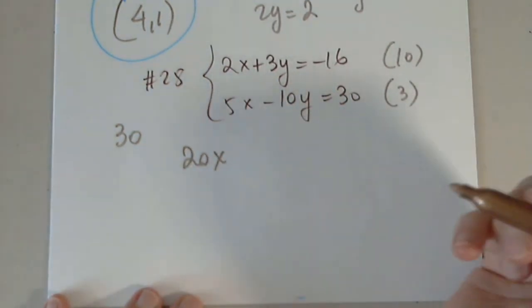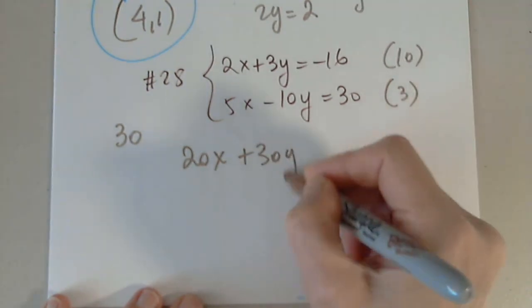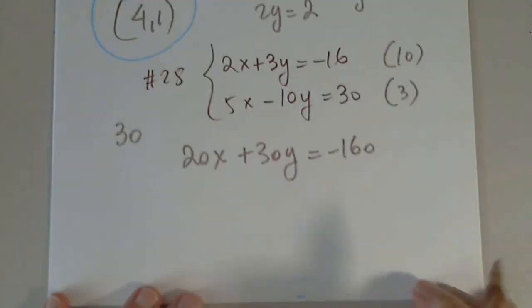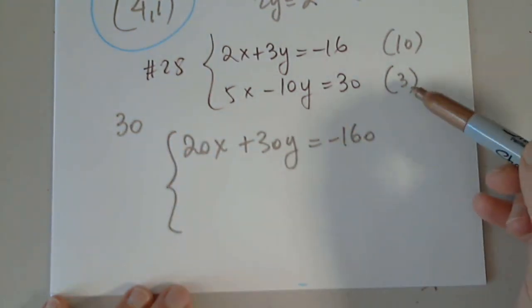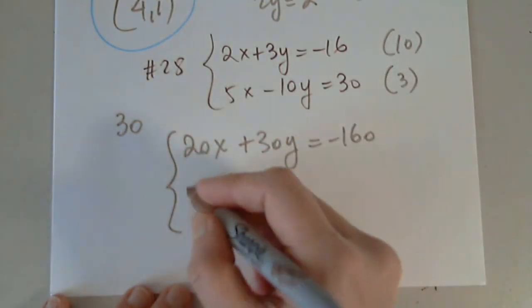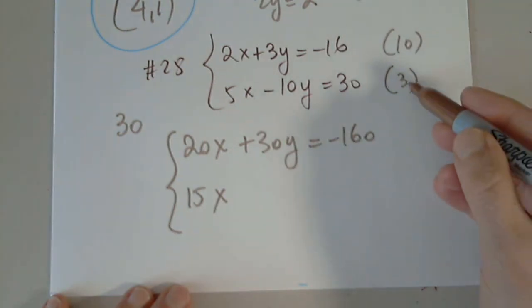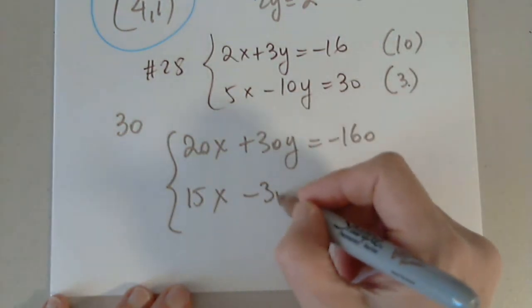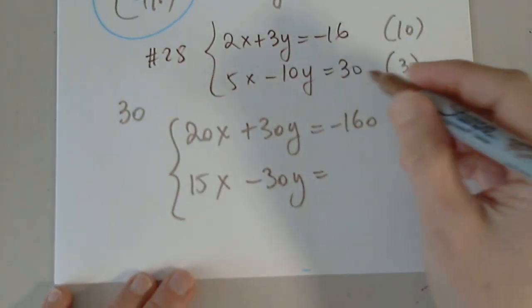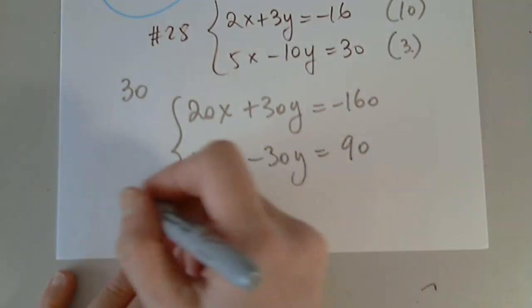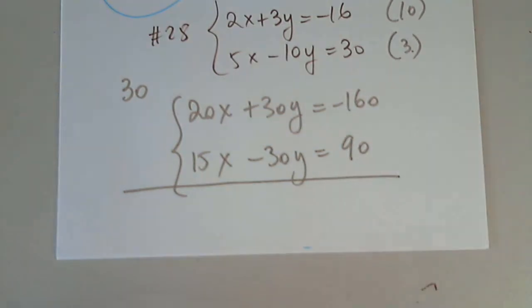So 20x plus 30y equals negative 160. The second equation now, 3 times 5x, 15x. Of course, 3 times negative, it better be, so I can eliminate this, equals 3 times 30, 90.